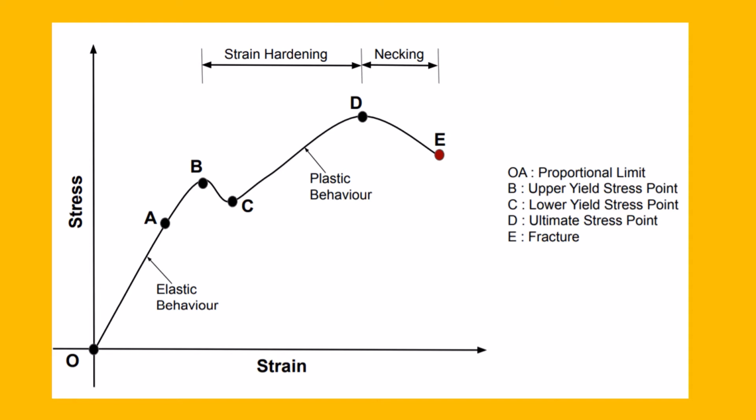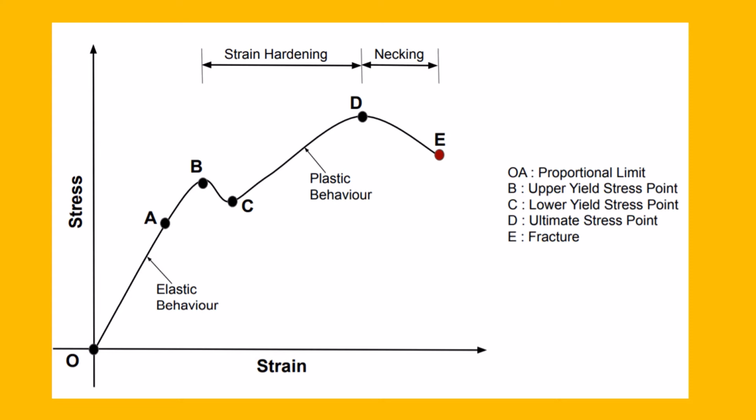Let us consider a stress-strain curve, for example, and the graph goes from O to A, then goes to B, then goes to C, D and E. All these points of the stress-strain curve represent different states of the material under different conditions of stress.